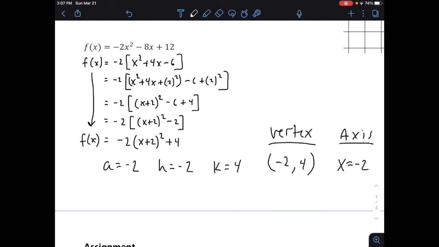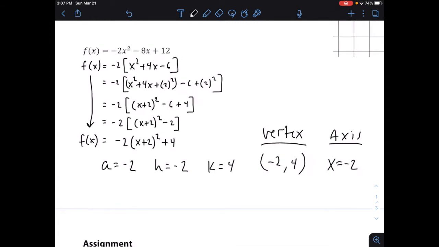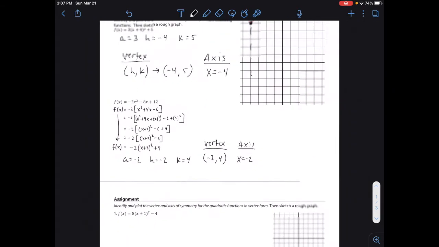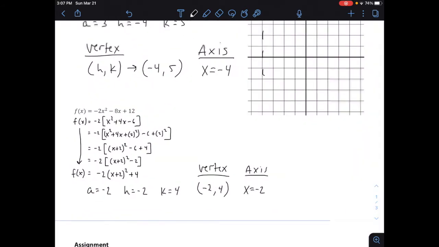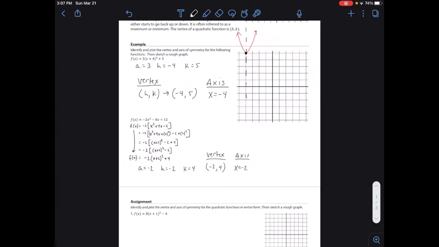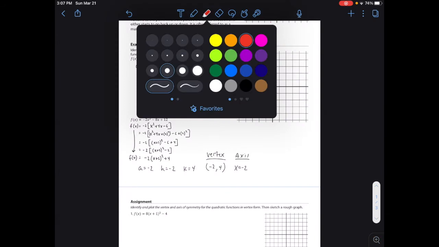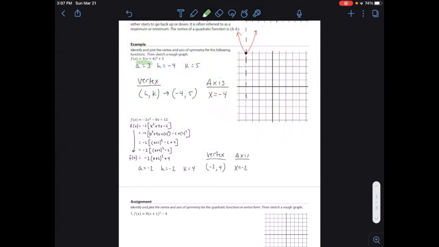All right, there's something I want to point out now that we've got this far. I'm going to use some highlighting to do it. So notice how we have a is equal to 3 here. When a is equal to a positive 3 like that, that means our graph is going to be pointing up, like the one we did.